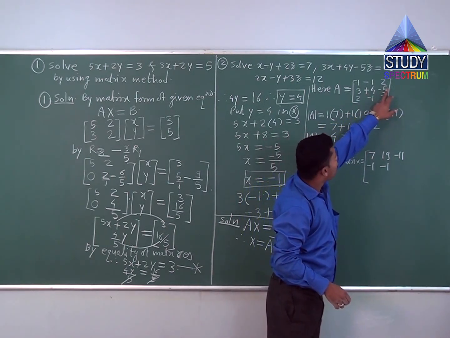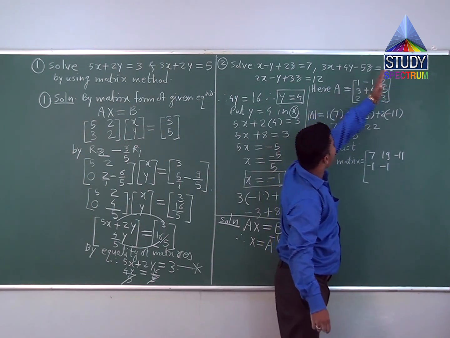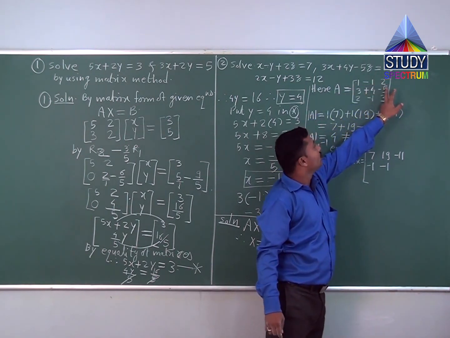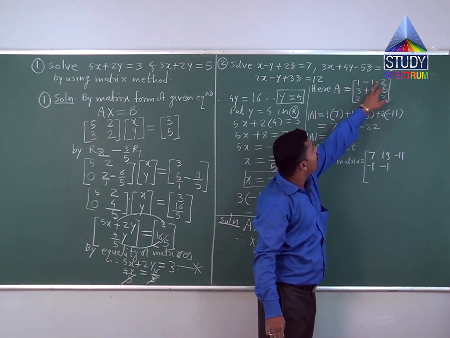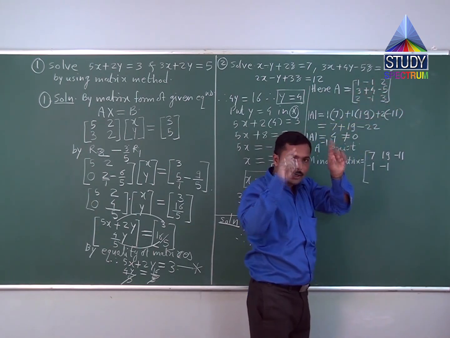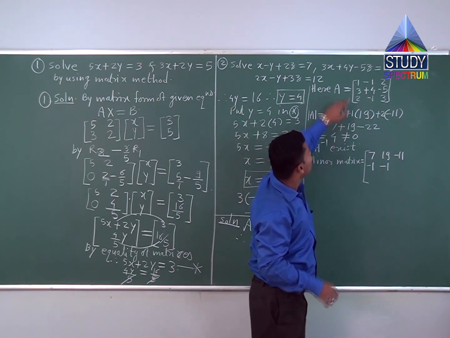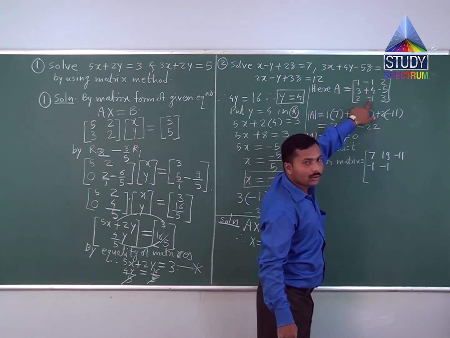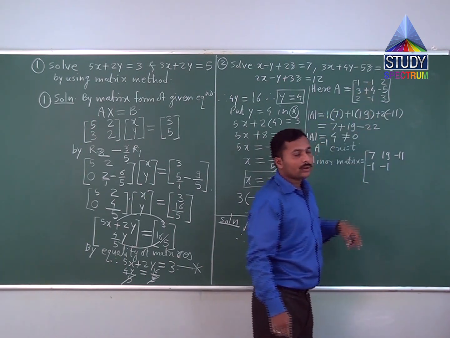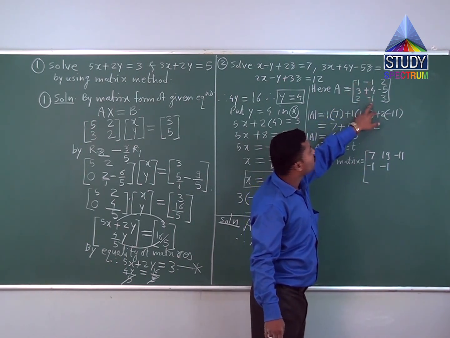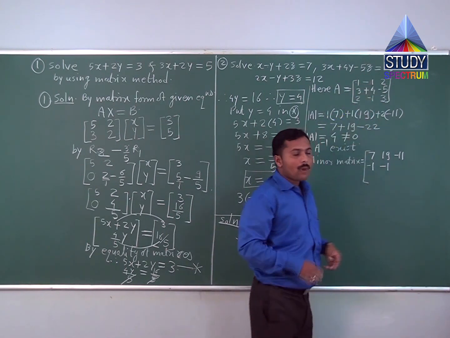Again, we find the minor of minus 5. Row and column through this number are deleted, and the remaining numbers are 1, minus 1, 2, minus 1. We take the determinant: 1 into minus 1 is minus 1, minus 2 into minus 1 is plus 2.